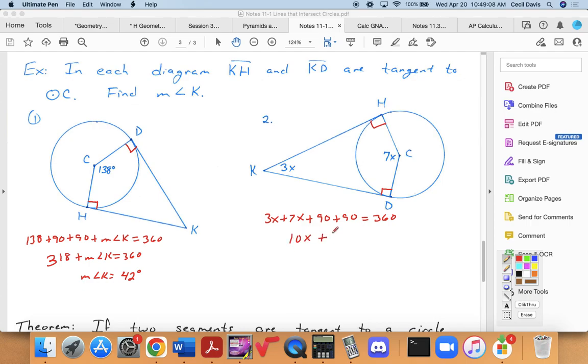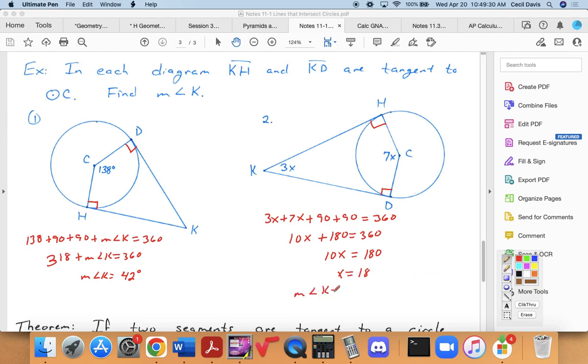Grouping the like terms, that's 10x plus 180 is 360. So 10x is 180. Divide, and we get that x is equal to 18.